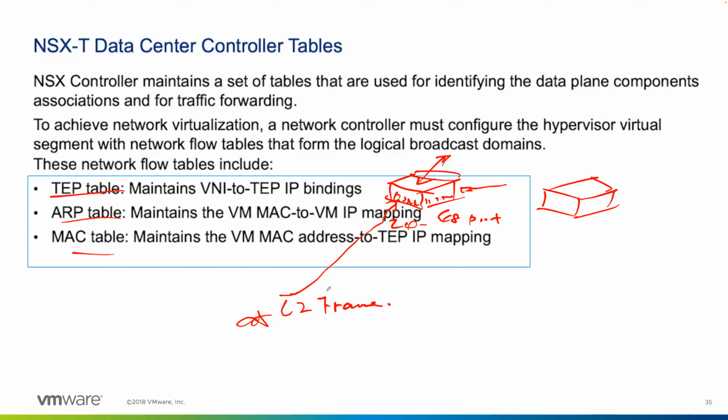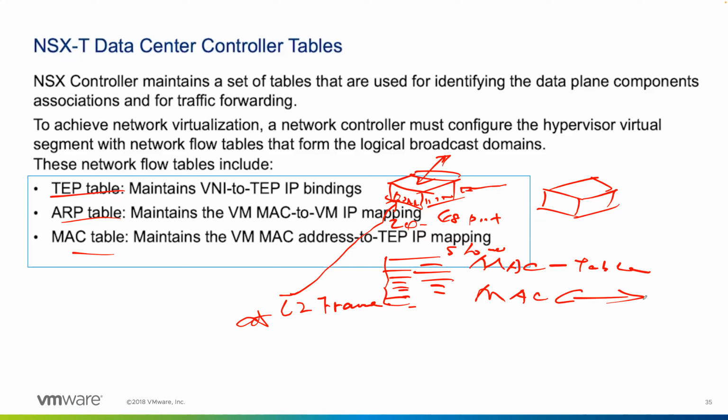When a layer 2 frame comes in to a specific port, the switch starts to build some necessary tables, for example, the MAC table. You can type in show MAC table on a Cisco Catalyst switch to show a certain MAC mapped to a specific interface.